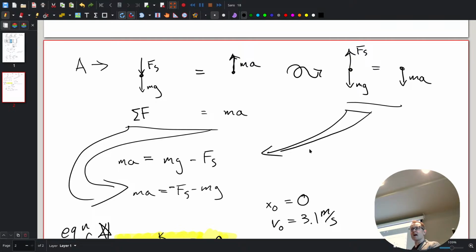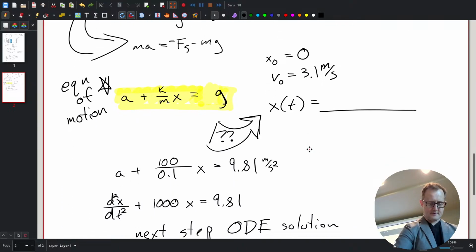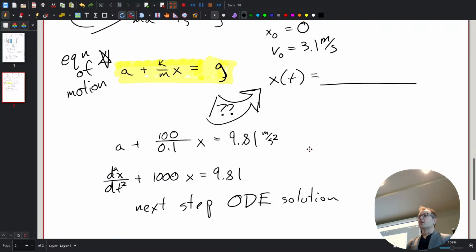So, last time we left off on Monday, we had done the free body diagram. We were looking at what a spring is going to do as something drops onto it, and got to the part where we had an equation of motion. The question was, what happens to the block after it hits that spring?